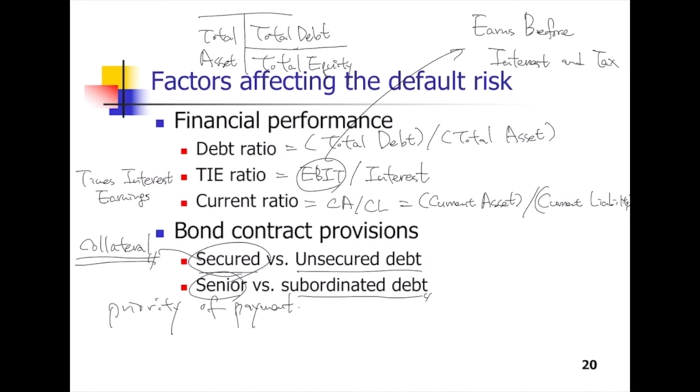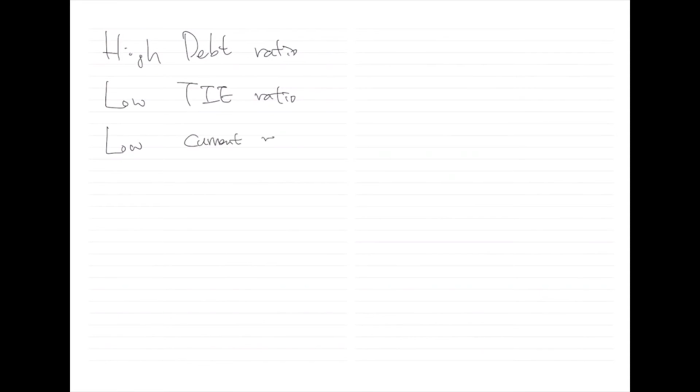Let me summarize these things. High debt ratio, low TIE ratio, low current ratio, unsecured debt, and subordinated debt.